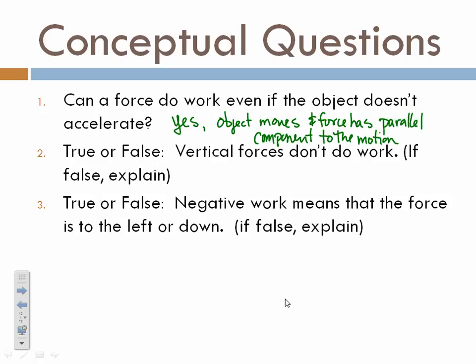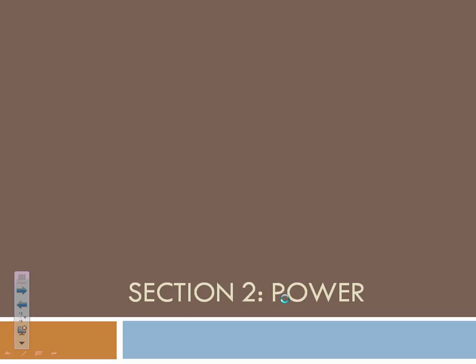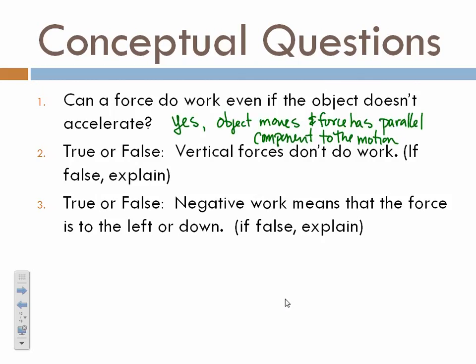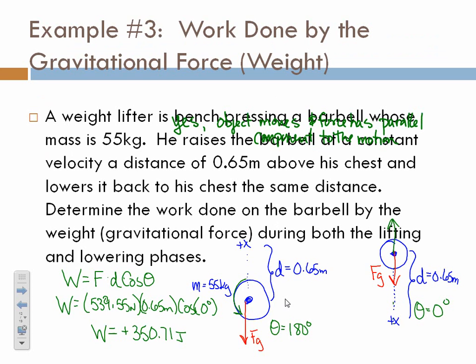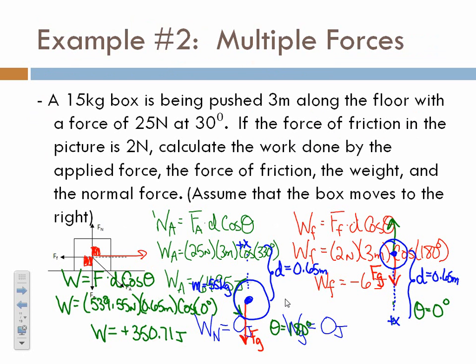All right. So let's look at the second one. True or false, vertical forces don't do work. Well, hopefully you didn't just forget this previous example that we did, because clearly we have two vertical forces here, the gravitational force that is doing work.